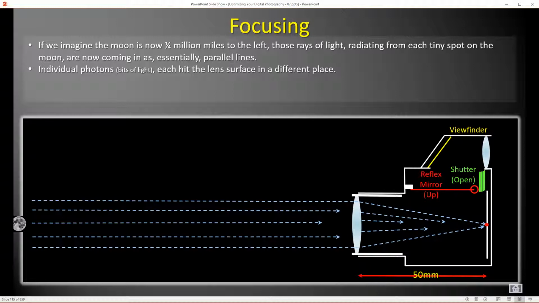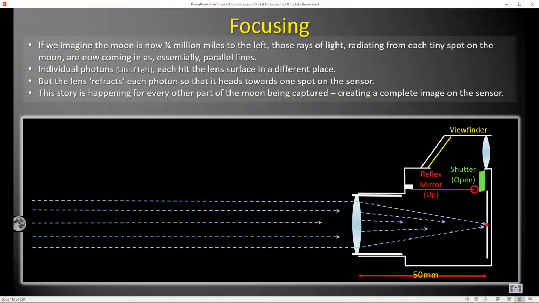So these individual photons, which are particles of light, each hit the surface of the lens at a different place, all around the entire diameter and surface area of the lens, all bringing it into a sharp spot on the sensor. So this is happening to every other part of the image, all the other parts of the moon. It's all happening and building up to produce a full image on the sensor.